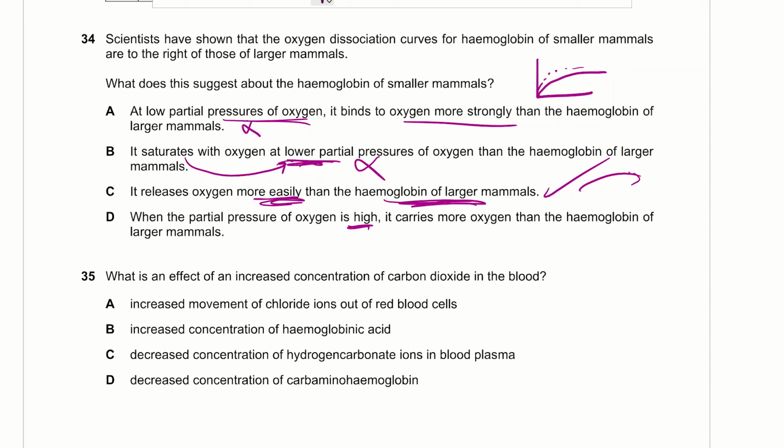The fact that it carries more oxygen than the hemoglobin of larger mammals means that the affinity is actually higher. However, we've discussed that the affinity is lower. So even though the partial pressure of oxygen is high, it would carry less oxygen than that of larger mammals. Therefore, the only correct answer is going to be C.